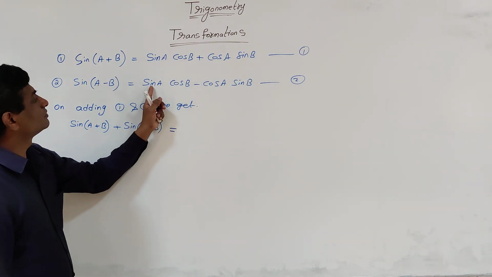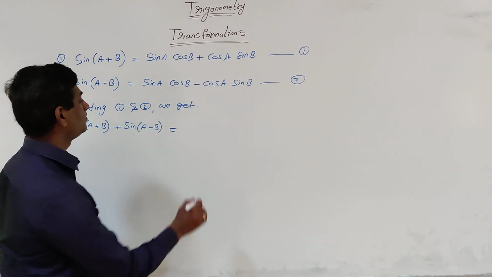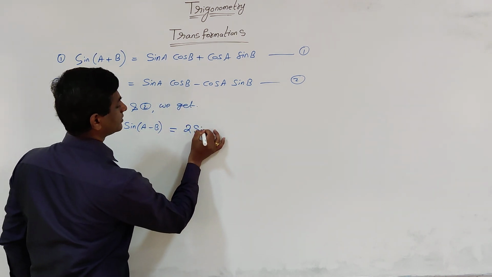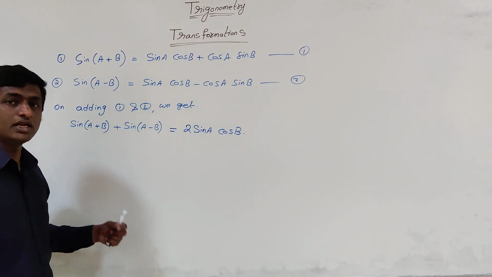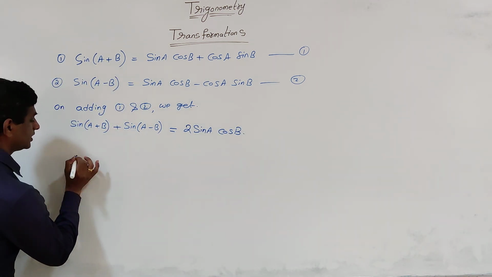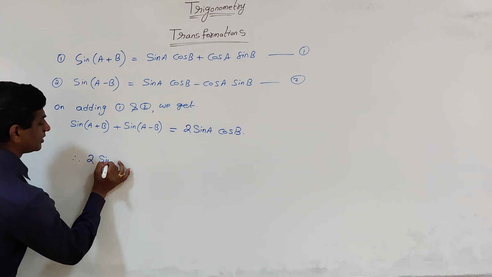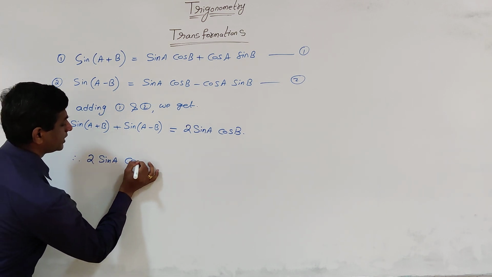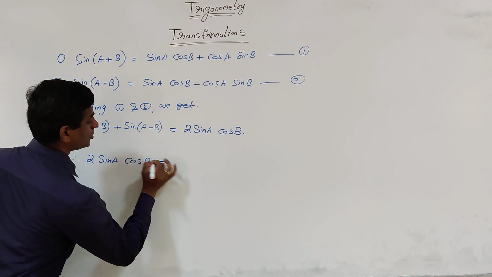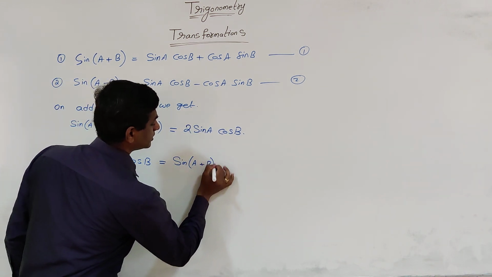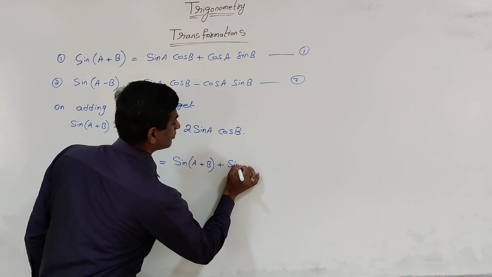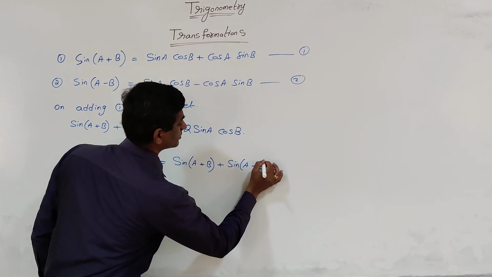Sin a cos b plus sin a cos b will be 2 sin a cos b. If we rewrite, this can be written as 2 sin a cos b is equal to sin of a plus b plus sin of a minus b.